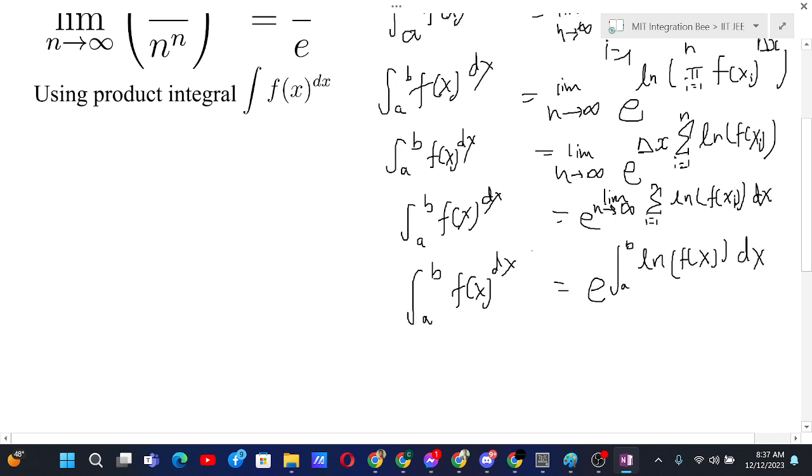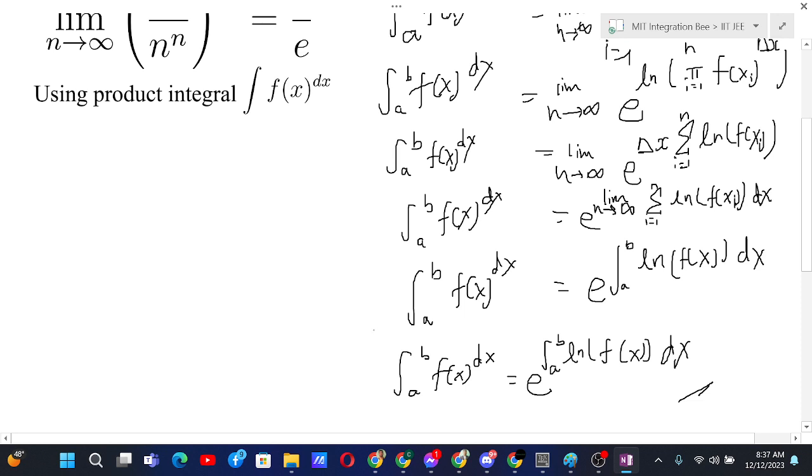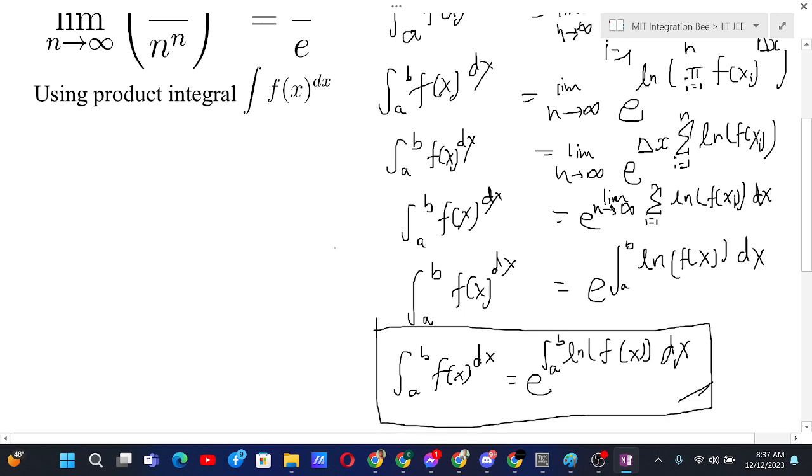So we have this really nice formula that the product integral from a to b of f of x is equal to e to the power integral of ln of the function dx. So now we are going to use this very idea of product integral for this formula.